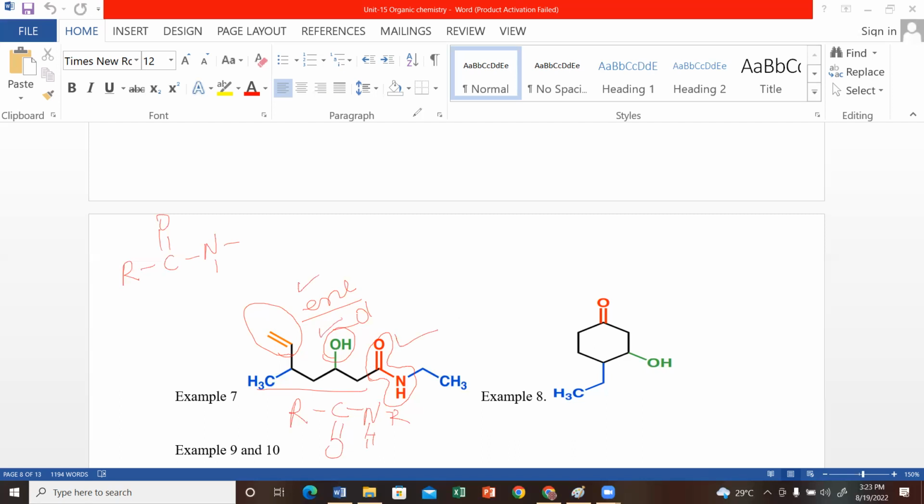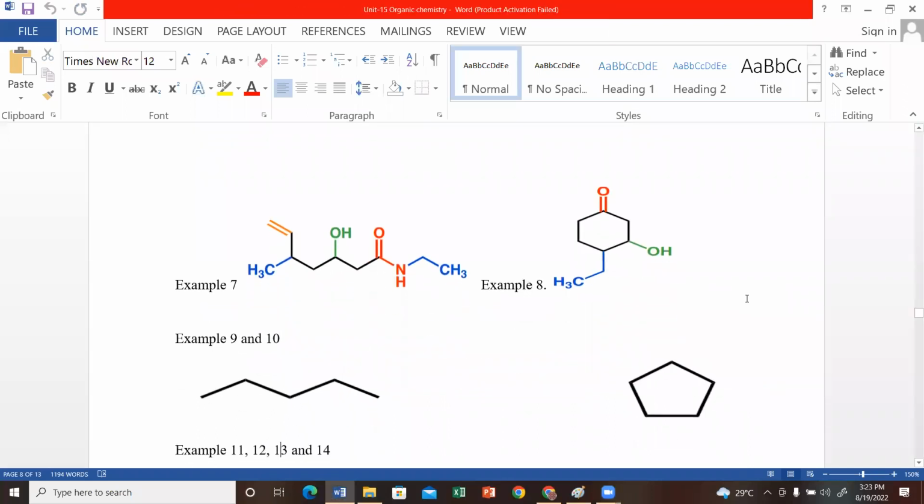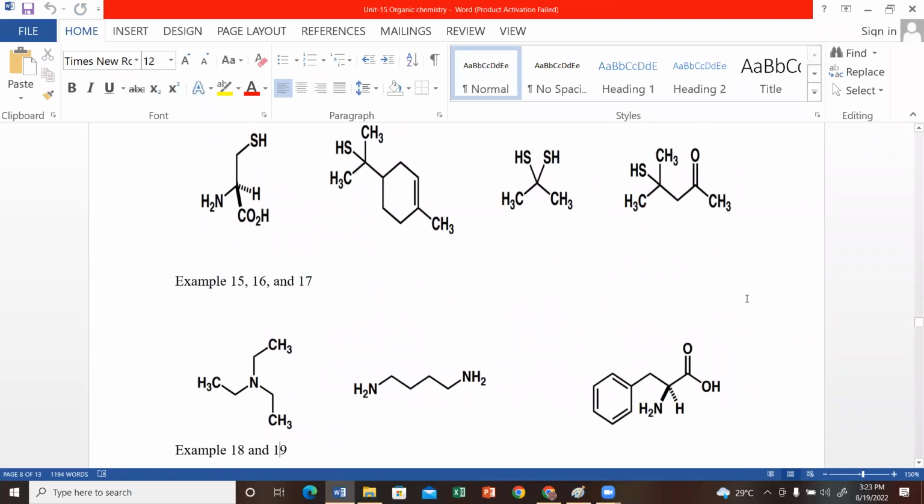Let us do another example. Okay, here we also have another compound which is nitrogen containing. So I'm going to solve it for you. That is example number 15. The same practice we are going to follow. If we are going to identify the functional group, first of all, we will look for the heteroatom. So this one is the heteroatom over here, nitrogen.